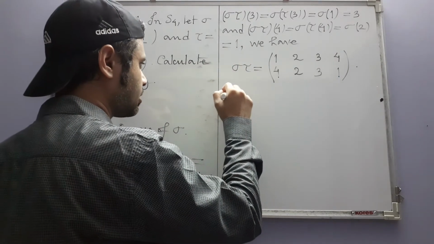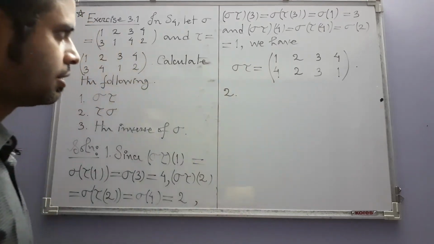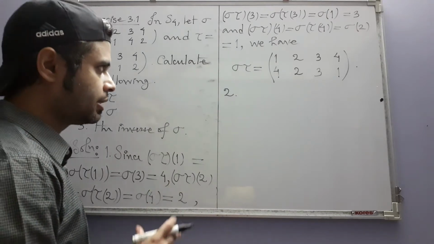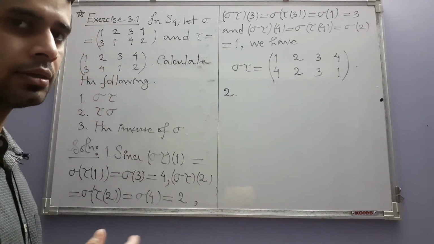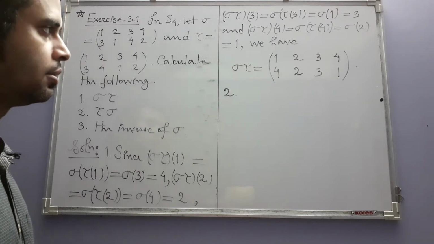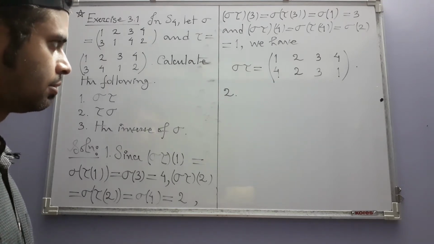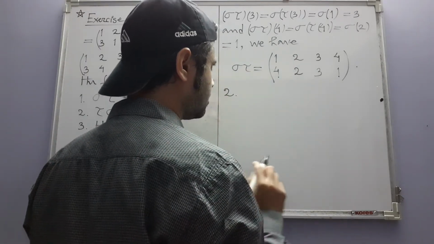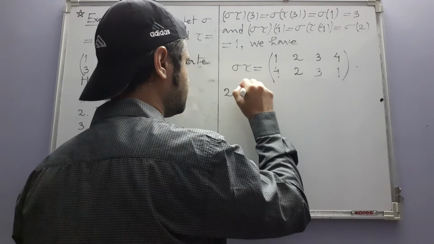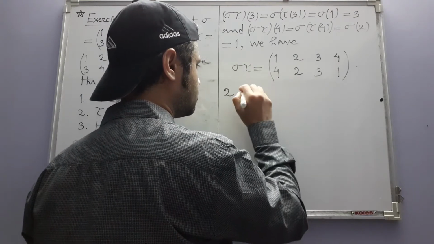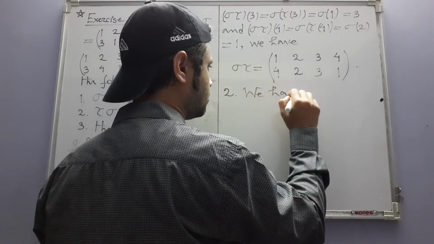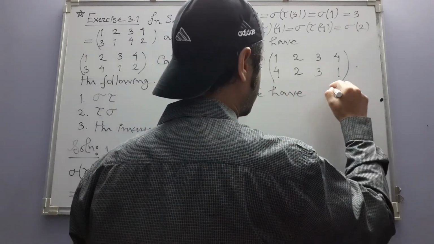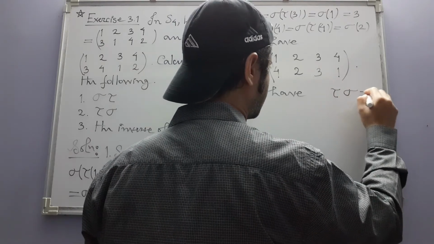Like that, next we calculate tau composition sigma, and this time we are not going to show all these calculations. We can speed things up by doing the calculations mentally, which is not very difficult. So now we have to calculate tau composition sigma.